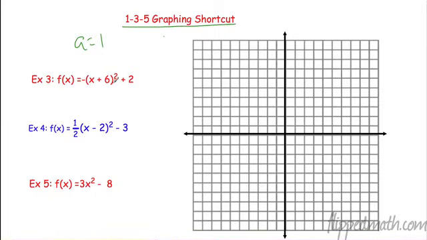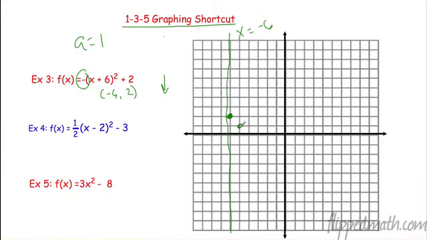So when A is 1, I'm going to plot my point. Negative 6, 2 is my vertex. 1, 2, 3, 4, 5, 6, and up 2. Now this is a negative, so I know that it is going to open down. I know that my axis of symmetry is right here at x equals -6. I'm going to do my 1, 3, 5. So I'm going to go over 1, and my first one is 1, so down 1, because it's negative.